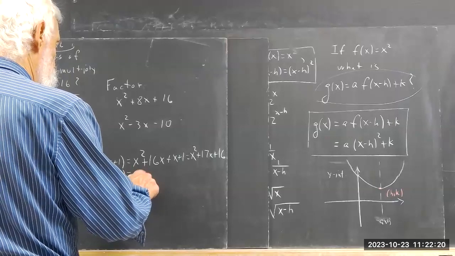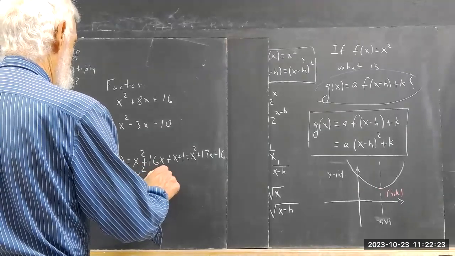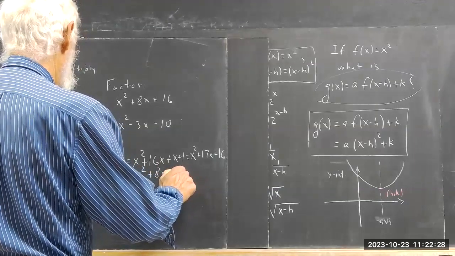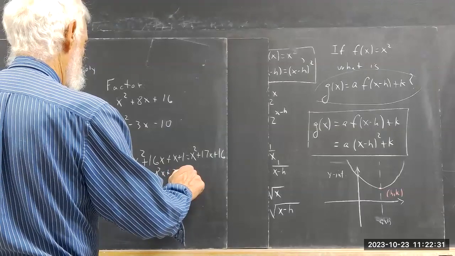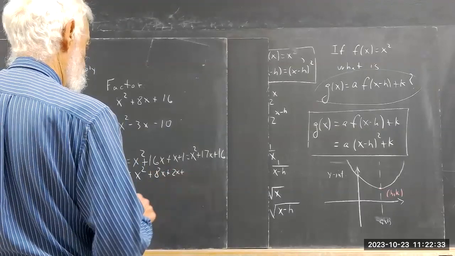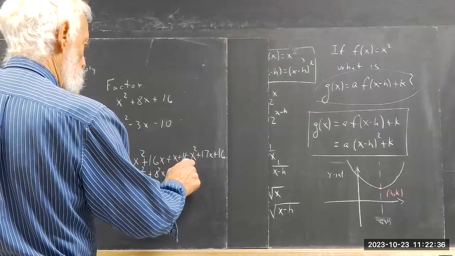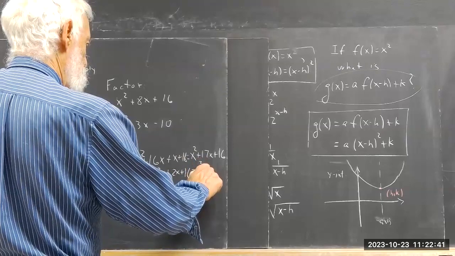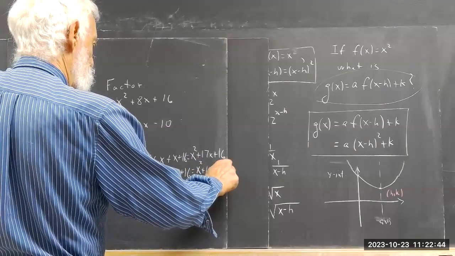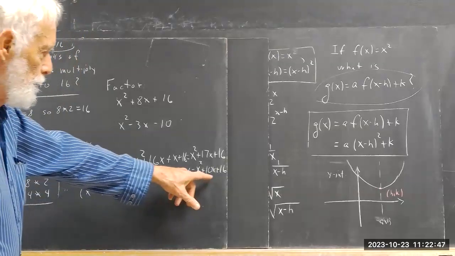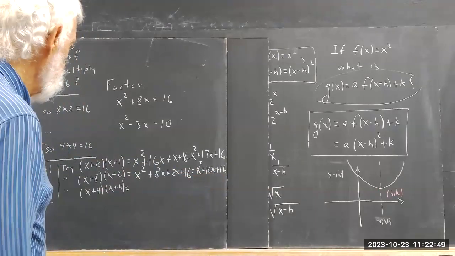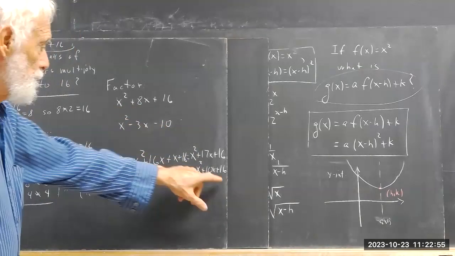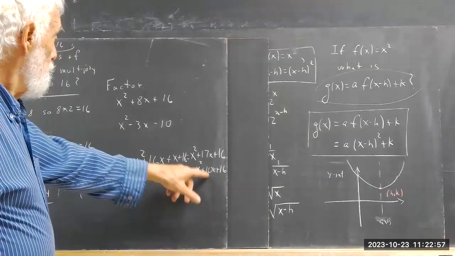Now this one gives us x squared plus 8x plus 2x plus 16. It gives us x squared plus 10x plus 16. Okay, well, that doesn't match. We've got the x squared and the 16, as we know we're going to get.